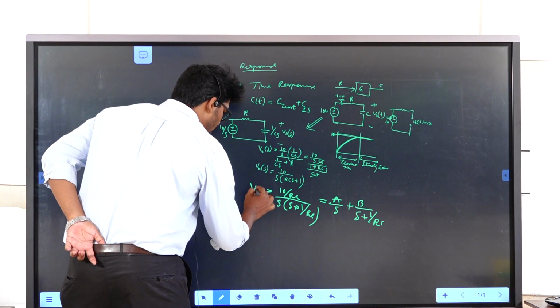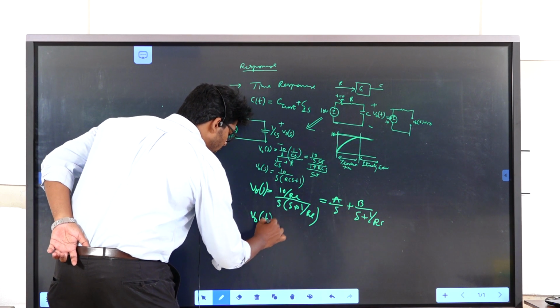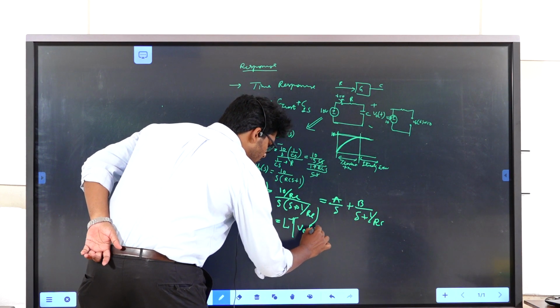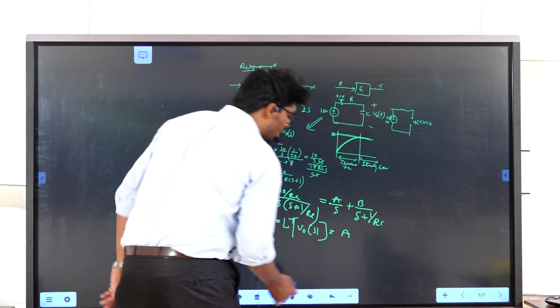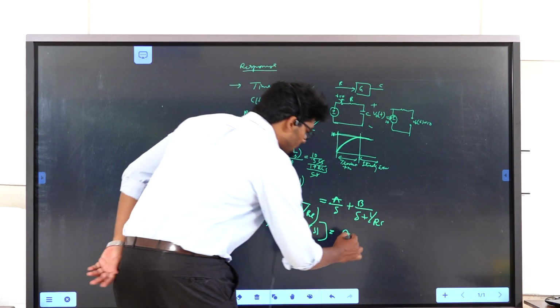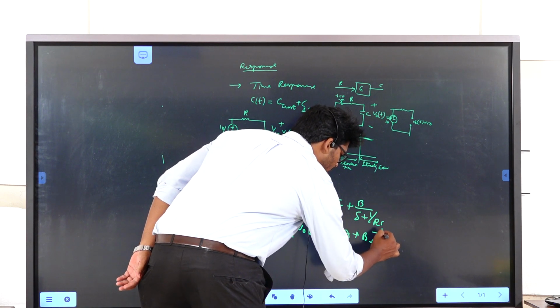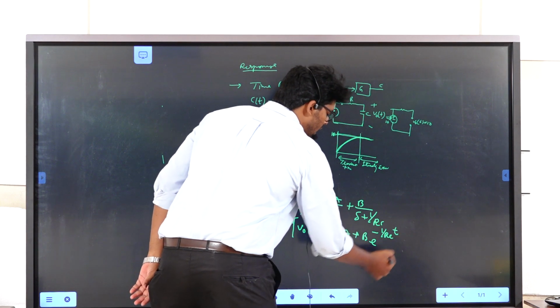So I am getting V naught of S, but I need the response in time. So I take the Laplace inverse of V naught of S. The inverse of A by S is A, plus the inverse of B by the second term gives B into e power minus 1 by RC times t. So here the time constant is RC.